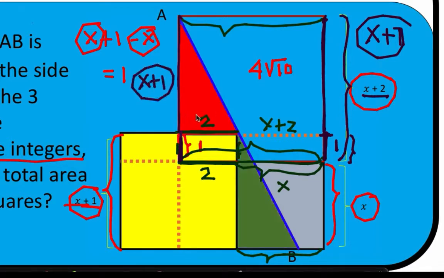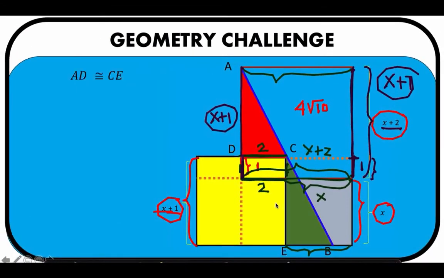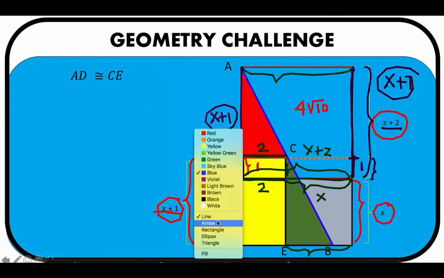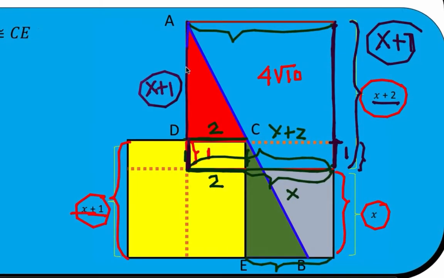Then let's create now these two triangles. This red triangle and this green triangle. So what do we know about these two triangles? First, we know that AD is congruent to side CE. Let's trace those sides. This is side AD and this is side CE. How do we know that they are congruent? We know that the length of side AD is x plus 1.